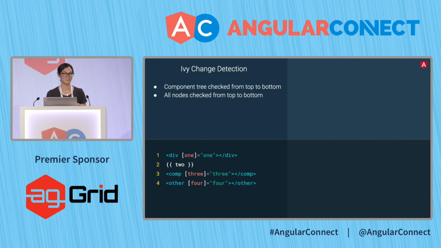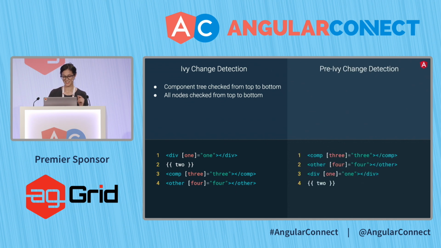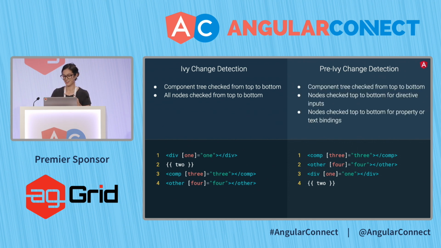Before Ivy, in View Engine, this was actually slightly different. I don't know if you guys can guess what the order would be right now. Just think about it in your head. OK. Is this what you thought? 3, 4, 1, 2? OK. So the reason for this is that pre-Ivy, we would do 2 separate passes.